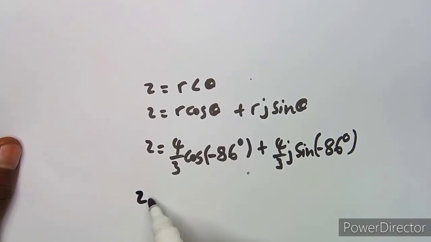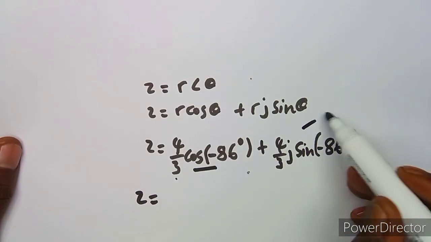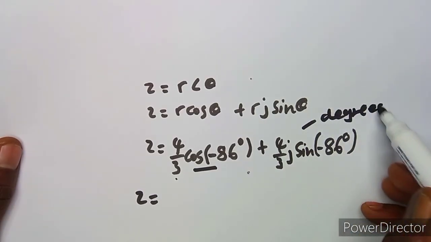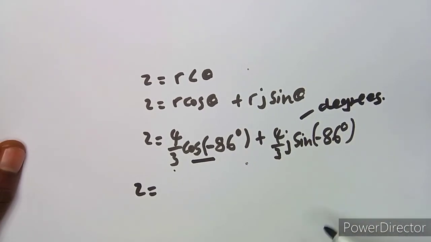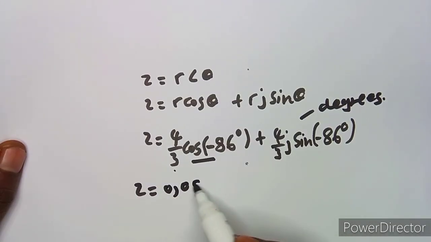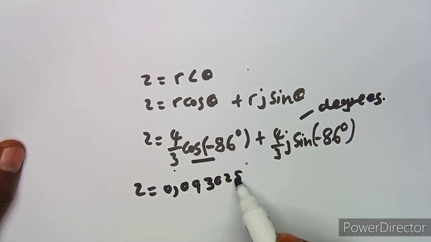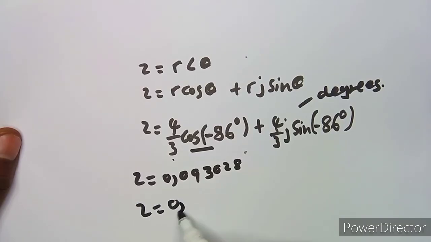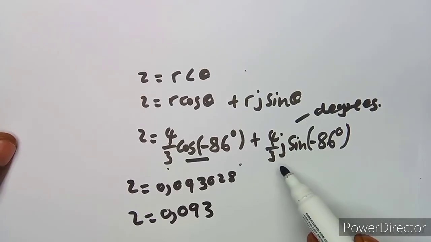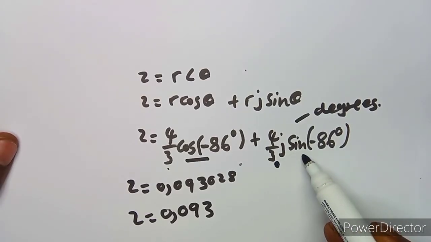So all you need is to use your calculator. 4 over 3 cos minus 86, make sure that your calculator is in degrees this time, which is going to give us 0.093028, something like that, which is actually 0.093. All right, here you simplify 4 over 3 sine this.